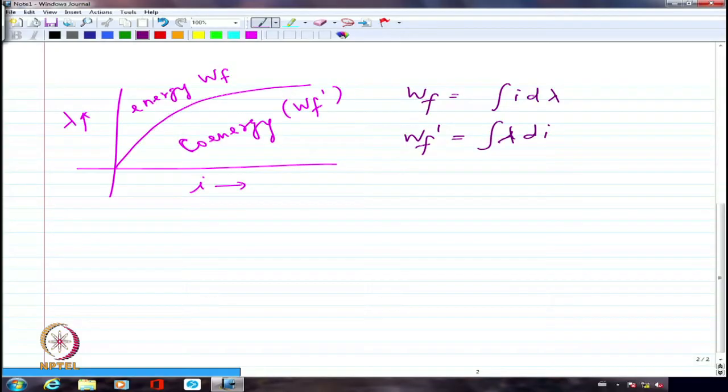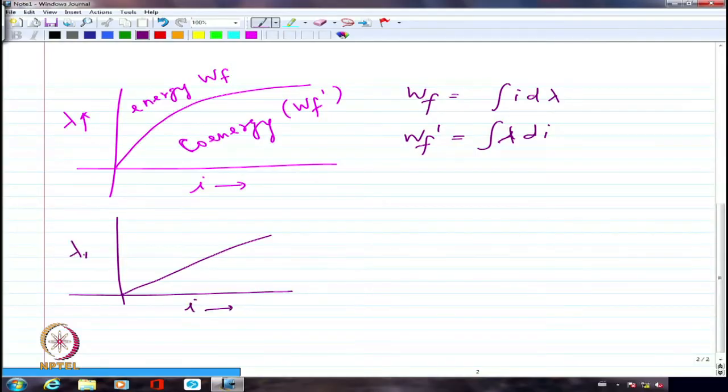Energy has at least some kind of physical connotation, whereas co-energy does not have any clear physical connotation. If it is a linear system with linear characteristics between I and λ, this rectangle represents directly λ times I. In this case, this particular line divides the area under the rectangle exactly into two halves.